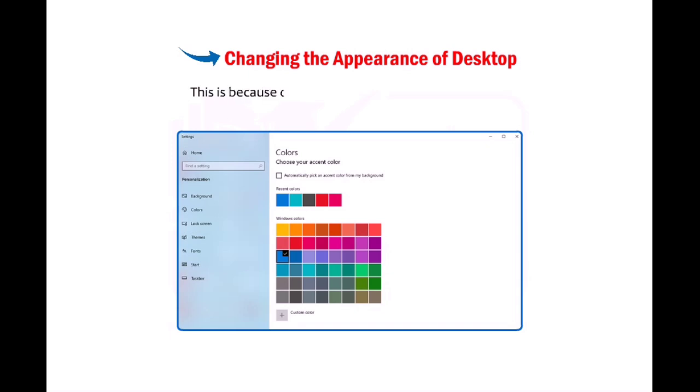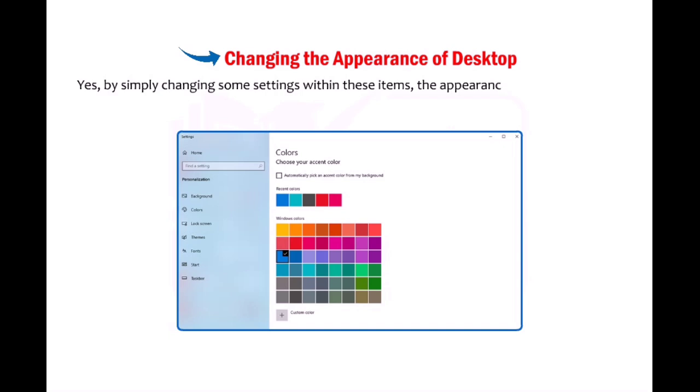This is because of the default settings of the Windows. But can we change the appearance of desktop and the other apps? Yes, by simply changing some settings within these items, the appearance of the desktop and other apps can be changed.